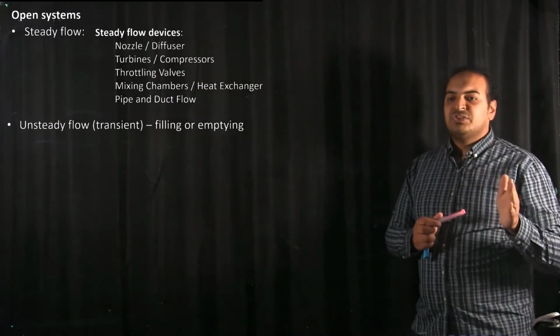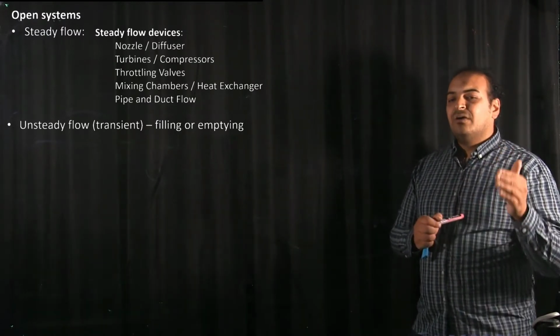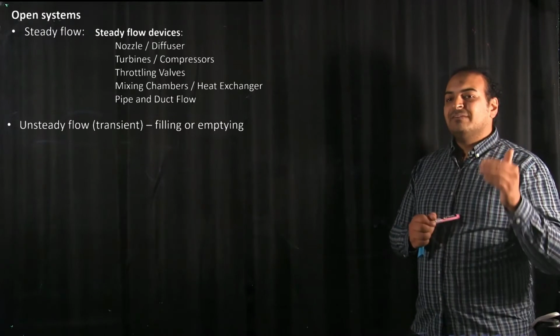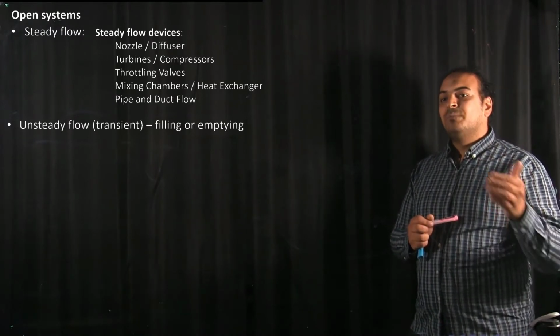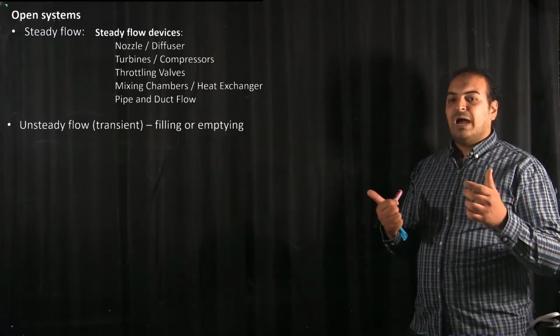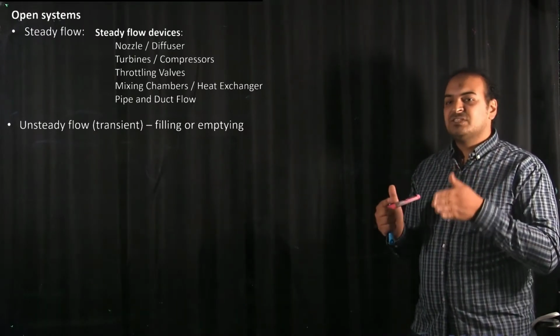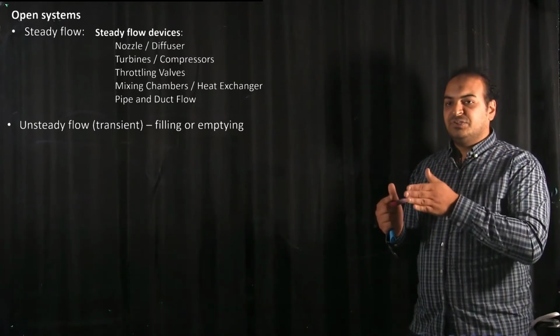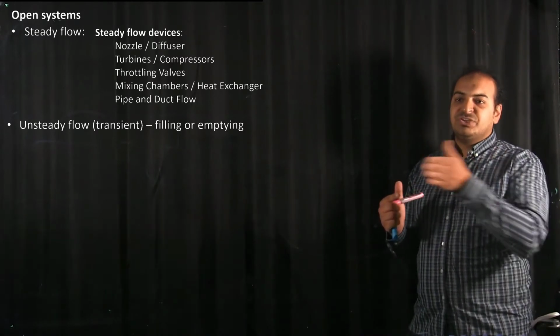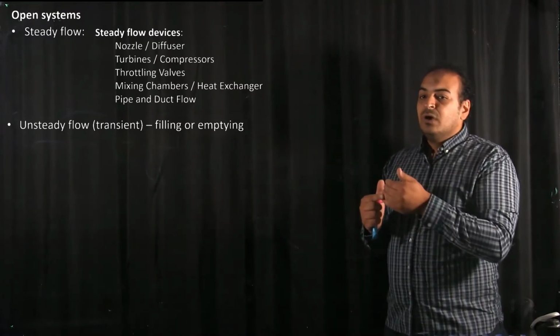Similarly, for mixing chamber, heat exchanger, or pipe and duct, all of them, we apply the first law of thermodynamics to obtain how the energy changes. But energy can be neither created nor destroyed, it changes from one form to another: kinetic energy, potential energy, flow work, work, and so on.